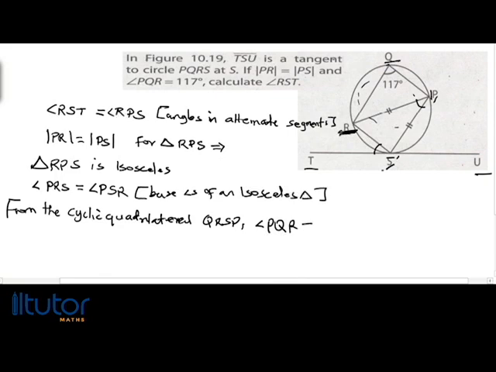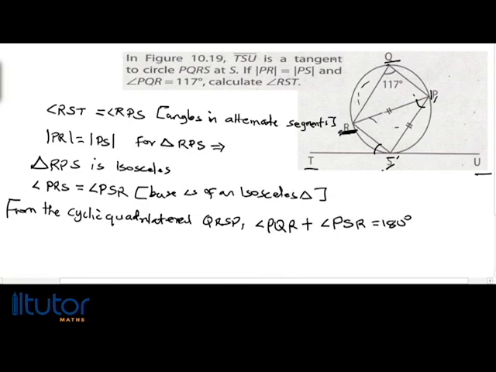So we have that angle PQR plus angle PSR are two opposite angles in the cyclic quadrilateral.